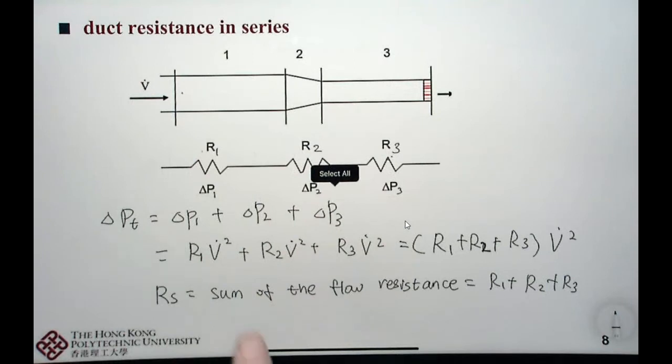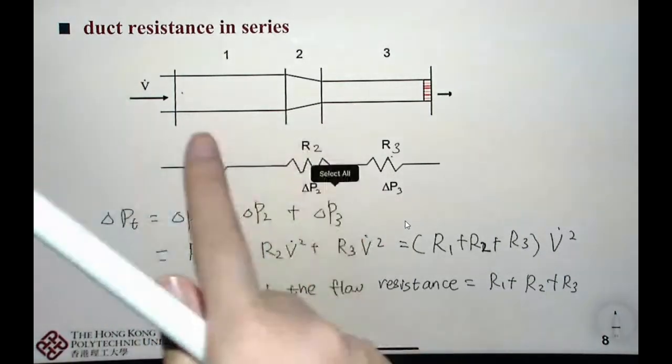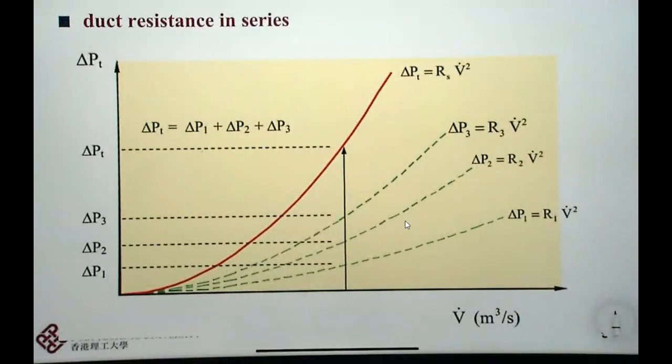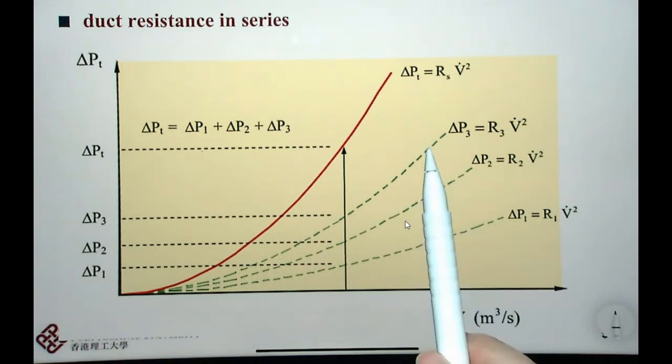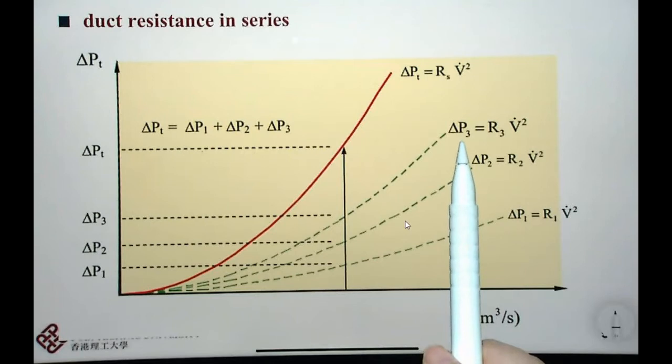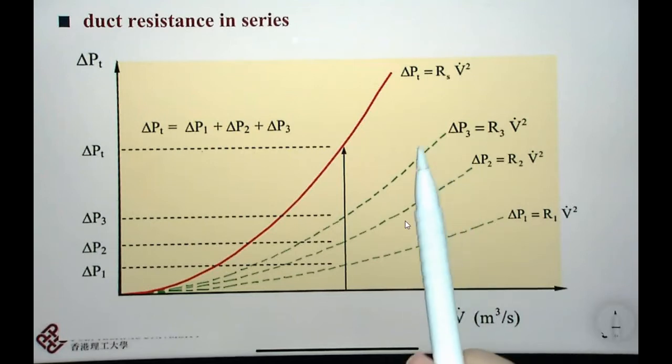So this is the duct resistance when we have duct sections connected in series. We can also draw the figure between the total pressure and the volumetric flow rate on a chart shown here. The original three duct system expressions for number 1 duct section, number 2 duct section, and number 3 duct section are shown here as an example in this blue dashed line.